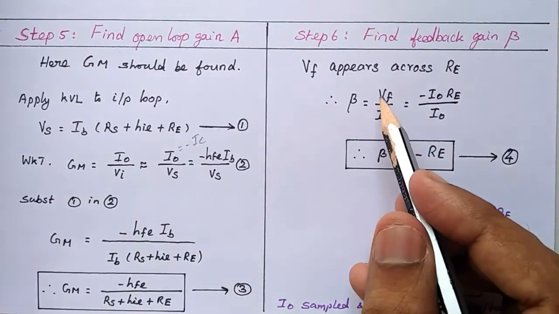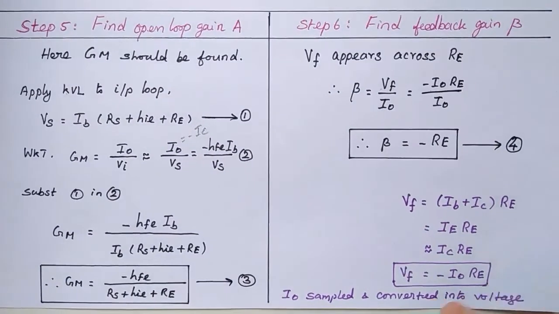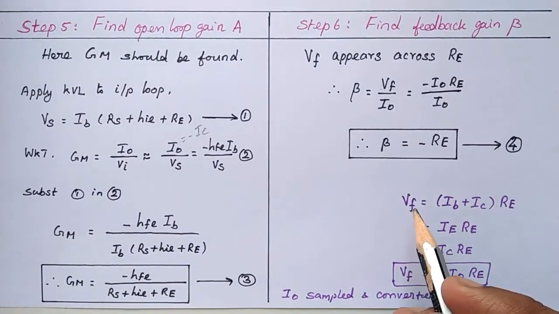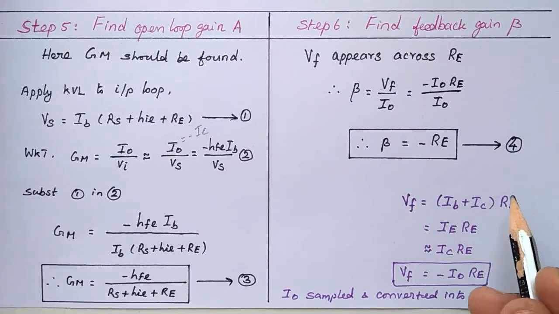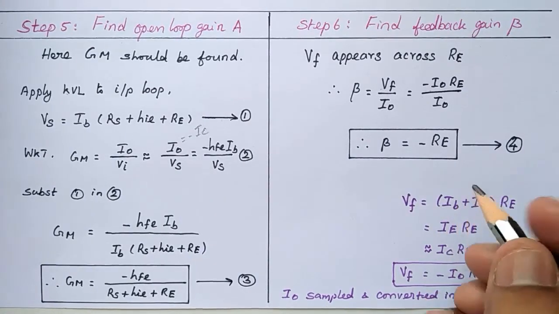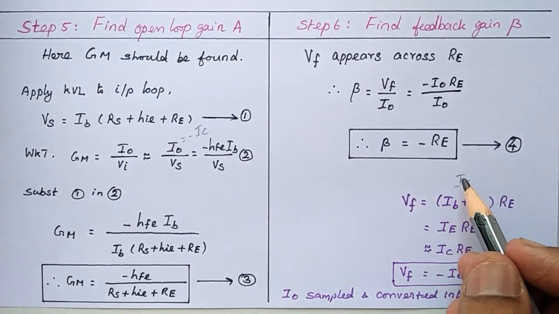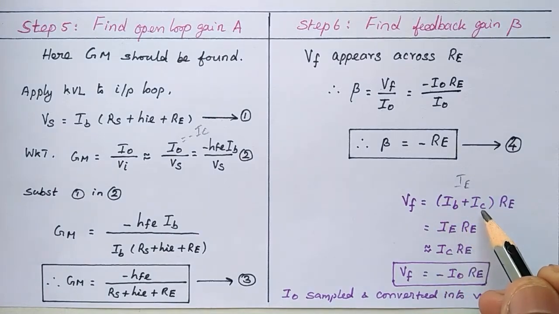So how we get Vf is equal to minus I0 into Re is explained here. Vf is nothing but the potential across the emitter resistance Re. The current that flows through Re is IE. Generally, what is the IE current? It is the summation of base current and collector current.